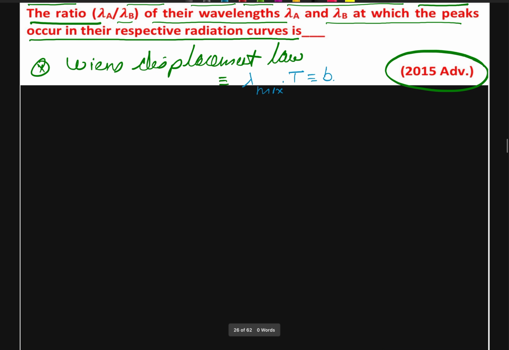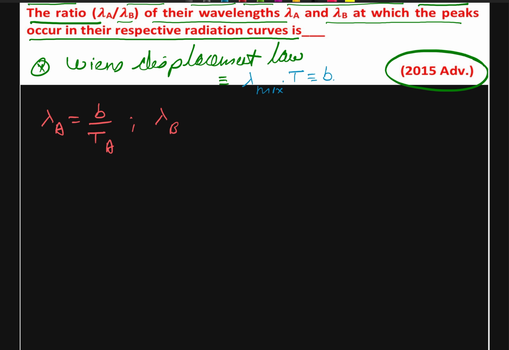So the maximum wavelength for A is given as lambda A, so we can say lambda A is equal to B upon temperature TA, and lambda B is equal to B upon temperature TB. So the ratio lambda A upon lambda B is equal to B upon TA and B upon TB.